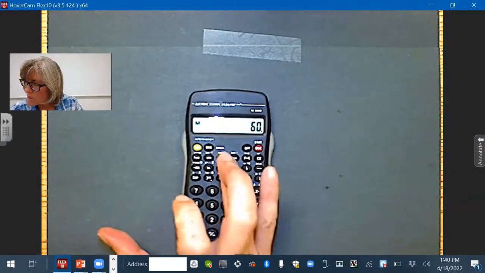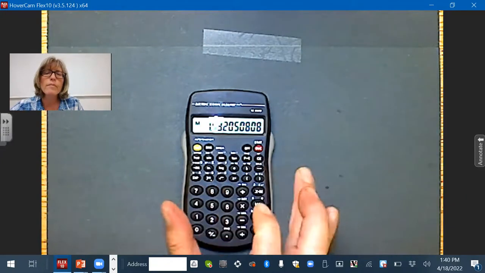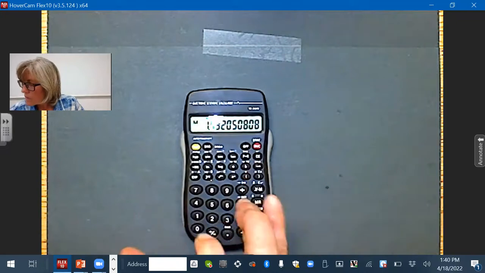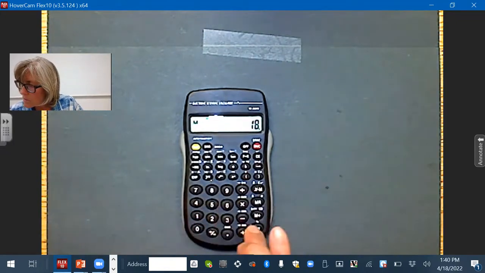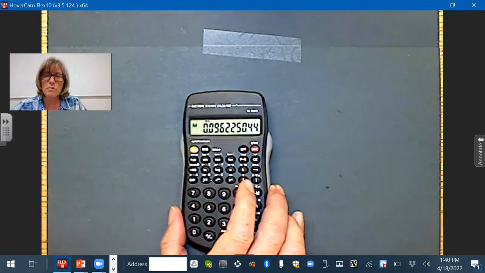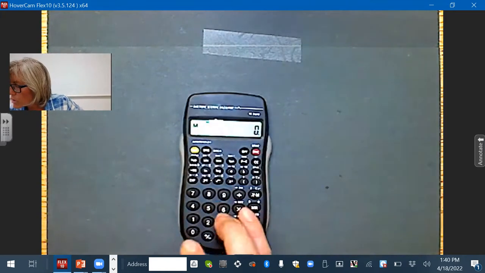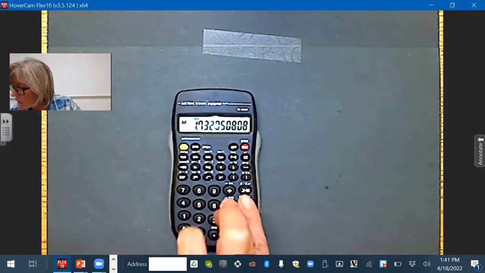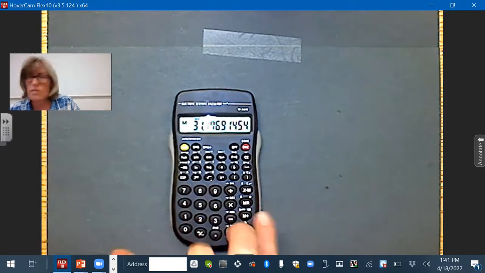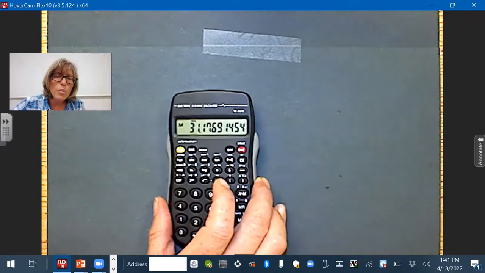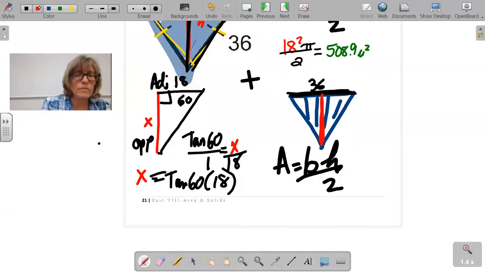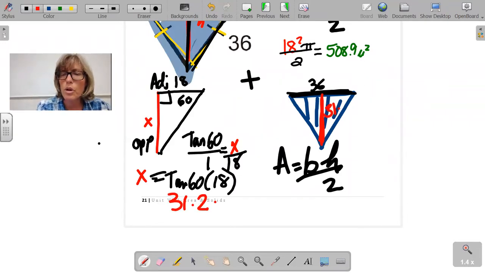So 60 tan times 18. Take it to the tens place. Oops, I think I divided there. Let's do that again. 60 tan times 18. There it is, 31.2. So our height is 31.2.